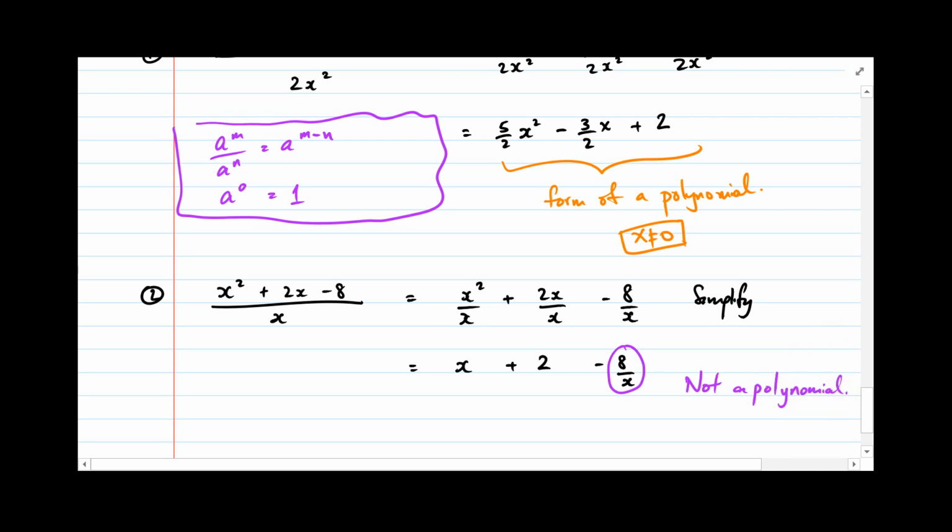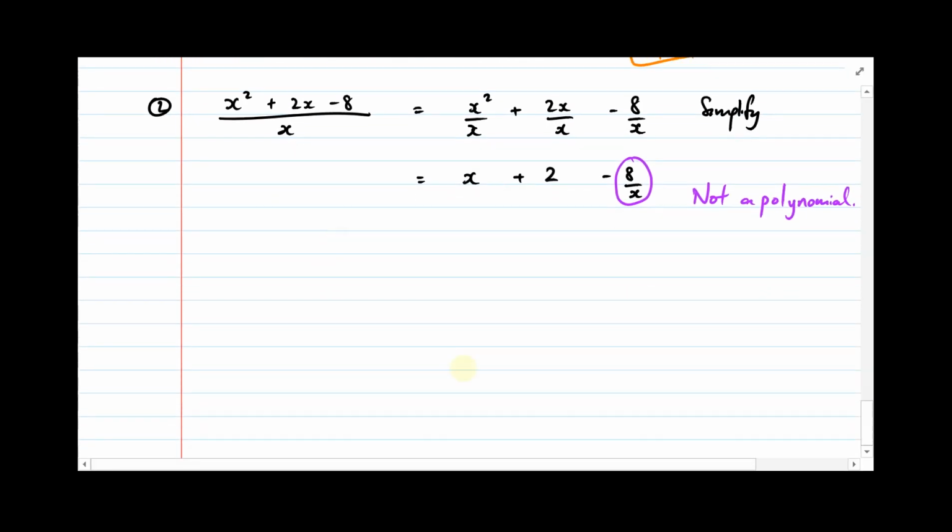So always check: if I have a variable left in the denominator, it will not be a polynomial. Or if I have a square root and the variable is underneath the root, it won't be in polynomial form.